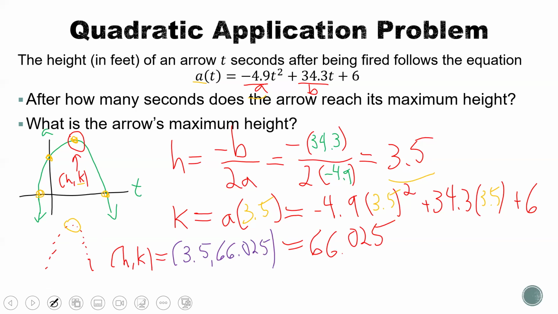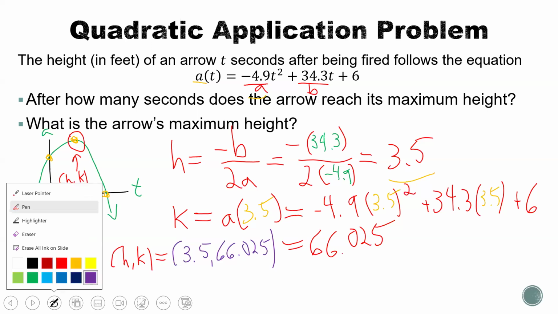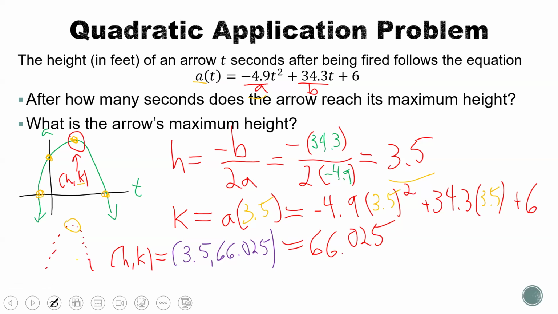Okay, and now that we have those values, we have to figure out how they give us the answers to the questions. So we're asked, again, after how many seconds does the arrow reach its max height, and what is the max height? And again, they want us to return to, in our graph, what the inputs and outputs are. So the inputs are values of t, the outputs are values of a.